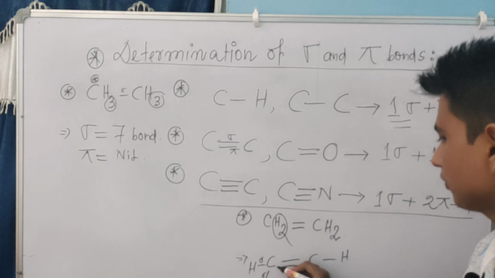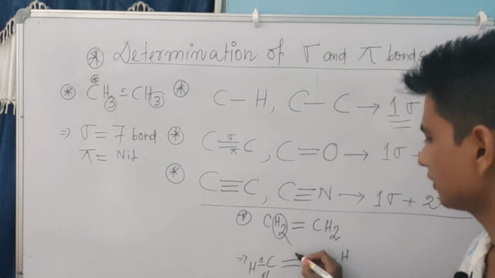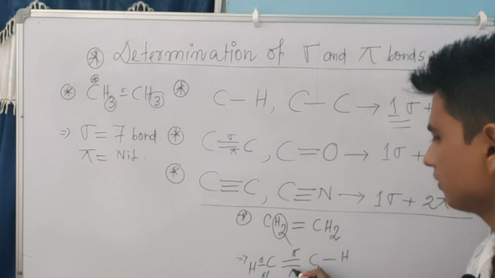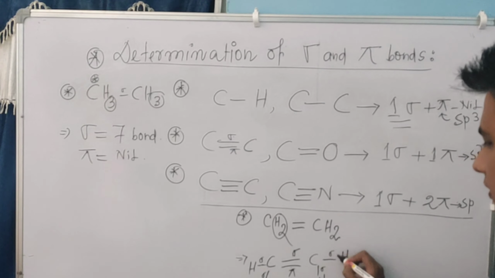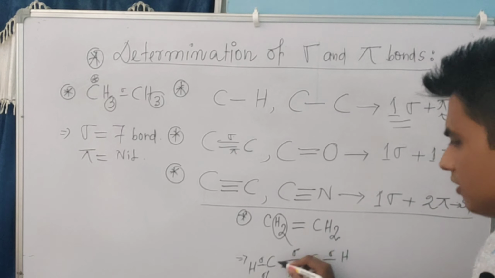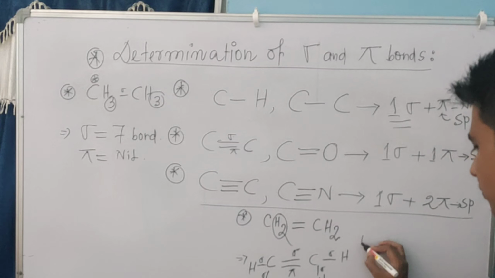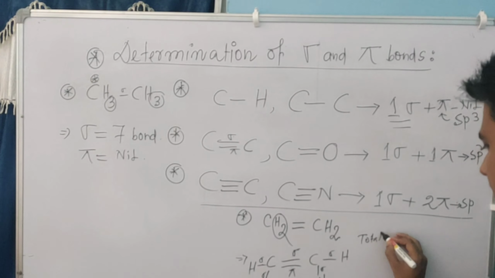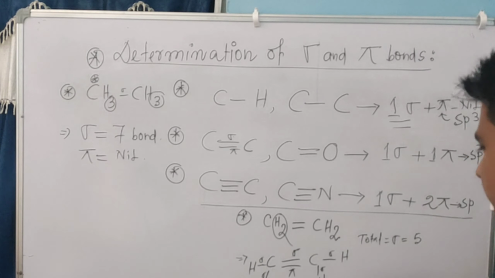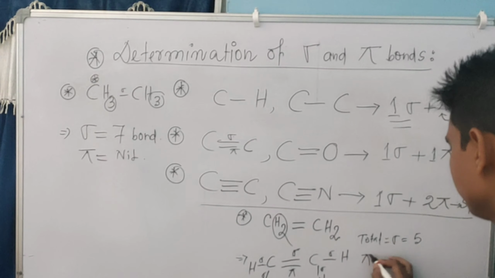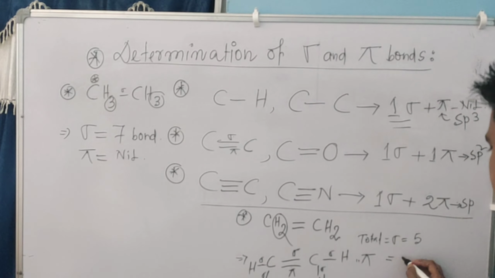This is a carbon-carbon double bond. One bond is sigma, the remaining one is pi. So 1, 2, 3, 4, 5. That means the total number of sigma bonds is 5, and the total pi bond is 1.